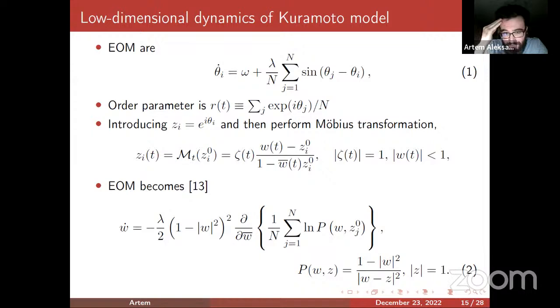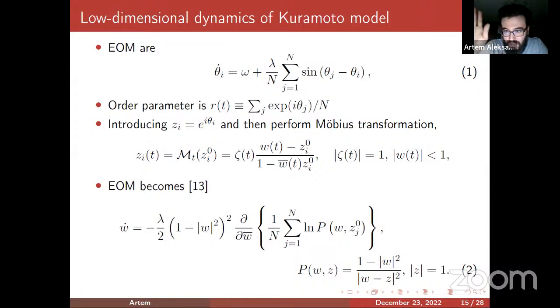It is not so interesting, because if you substitute this expression for the variable z into the expression for the parameter, I can safely set that zeta is constant, and zeta is equal to 1.